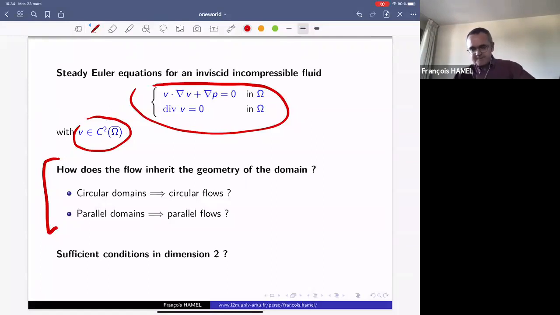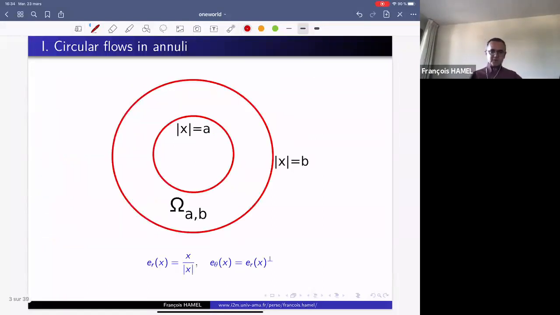I will first discuss the case of two-dimensional annuli. The notation is the following. We use omega AB, the open set between the two cycles of radius A and B. I'm always using the Euclidean norm.